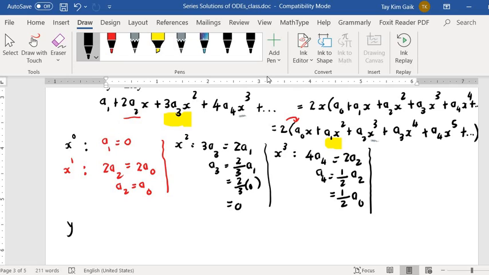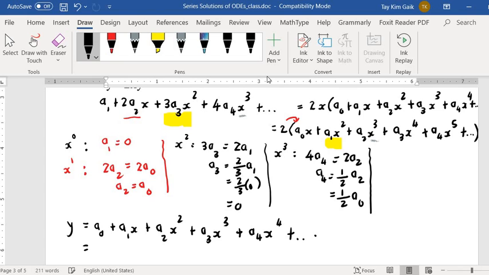The solution y, as we assume in the power series, is y equals a naught plus a1 x plus a2 x squared plus a3 x cubed plus a4 x power 4, and so on.